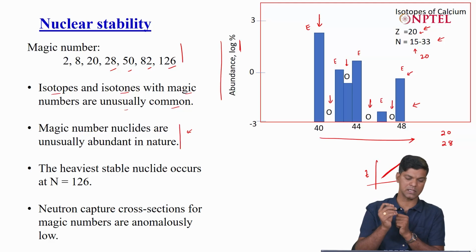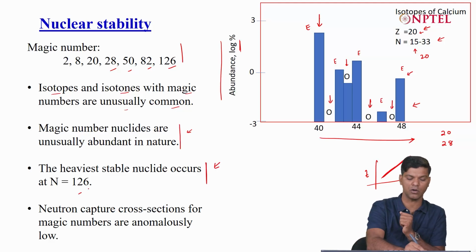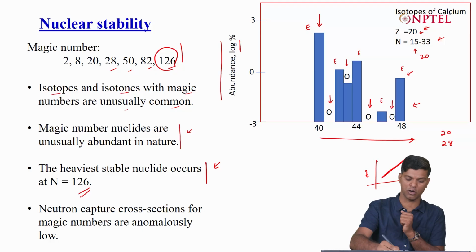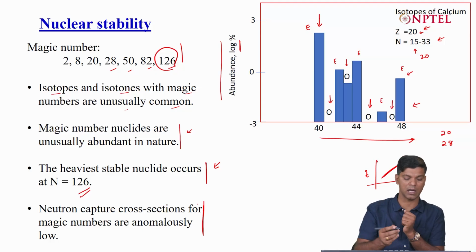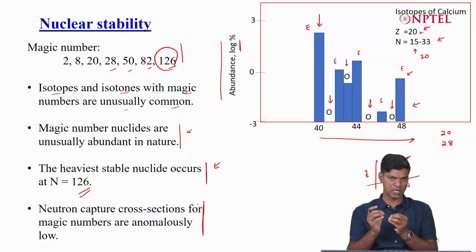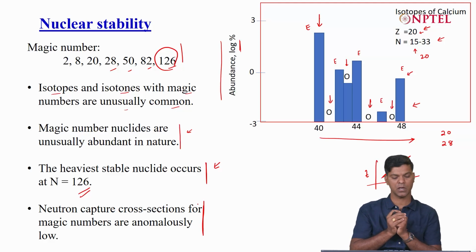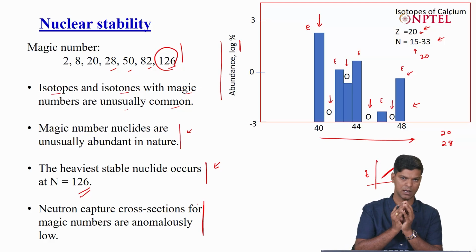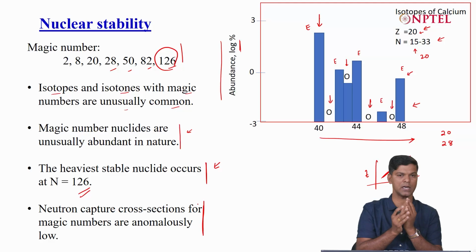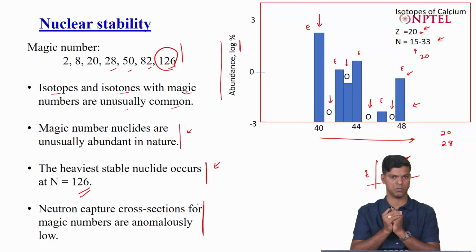The heaviest stable nuclide that you find has 126 neutrons, which is one of the magic numbers. The neutron capture cross section for magic numbers is anomalously low. What is a neutron capture cross section and what importance does it carry? Every nuclide has a cross-sectional possibility where it can capture a highly energetic neutron and transform into another isotope.